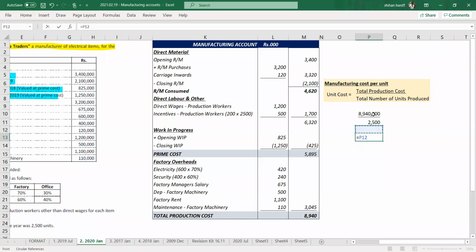And the answer, unit cost is 3,576 rupees. That's the unit cost. So in some questions, they will ask the unit cost. 3,576.